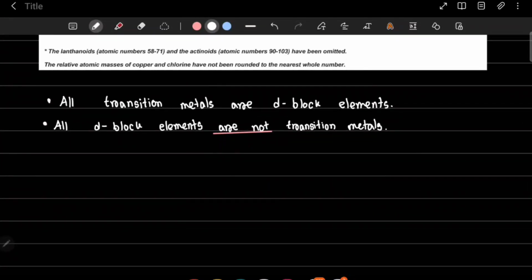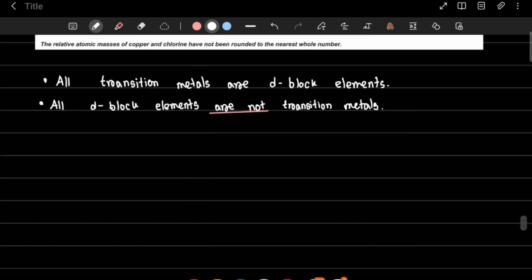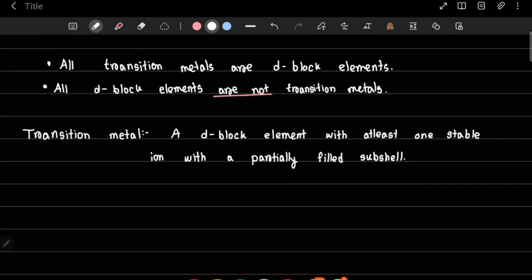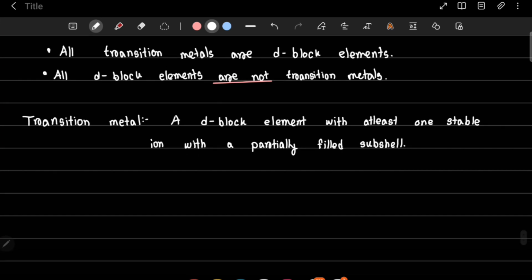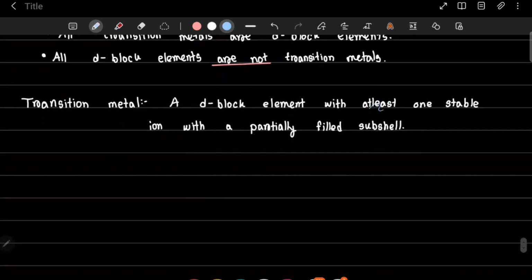And transition metals are D block elements which have at least one stable ion with an incompletely filled d subshell. I'll explain what I mean by that.